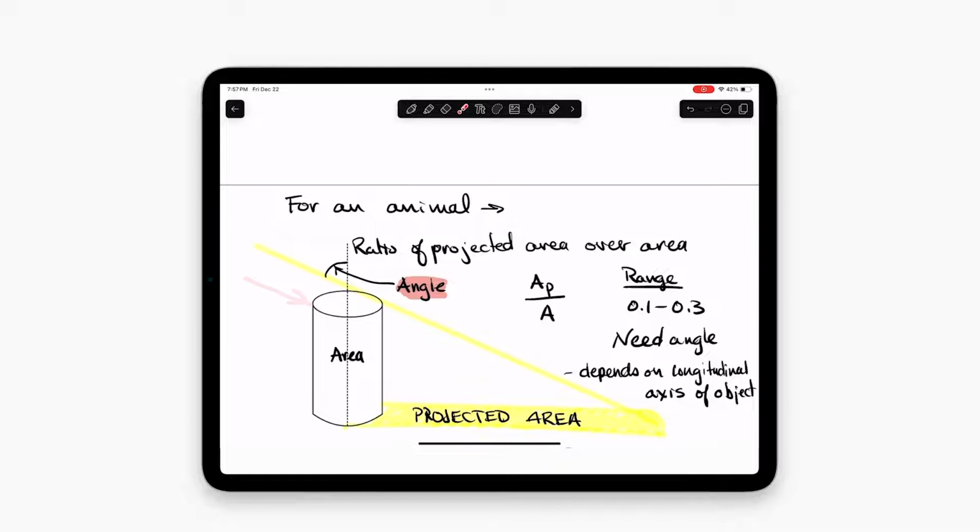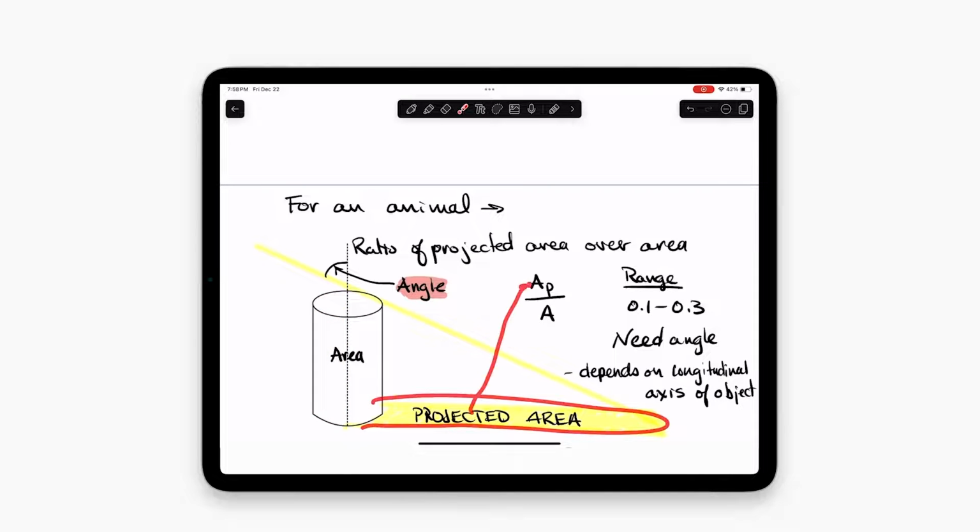Here's our radiation coming into our object. This is the area of the object here, and there's the projected area here on maybe the ground surface on which that object is sitting. Now, the radiation is going to impinge on this area right here.